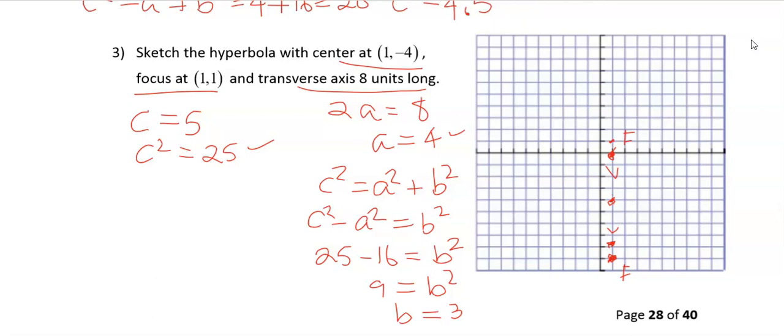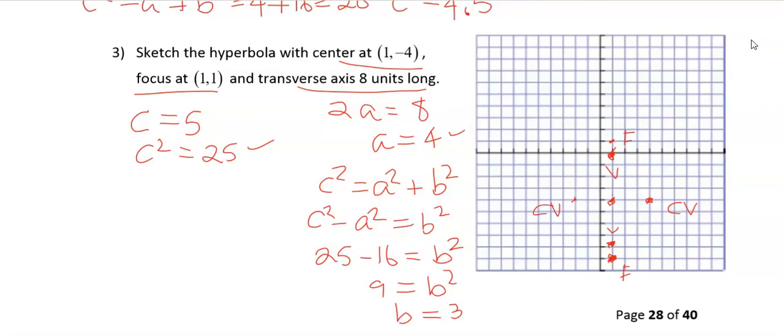So that means that because this hyperbola opens upward and downward, my co-vertices would be left and right from that center. So I go 3 to the right, and I get that point there. That's one co-vertex. I go 3 to the left, and I get about right there. That's my other co-vertex. Can't see that one very well. CV, CV.